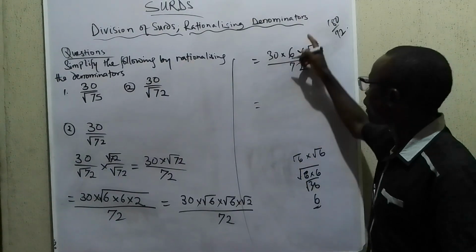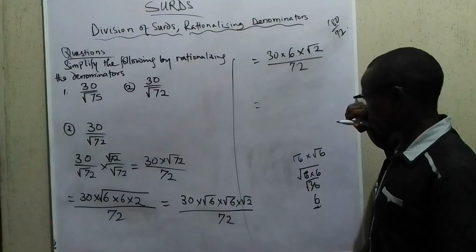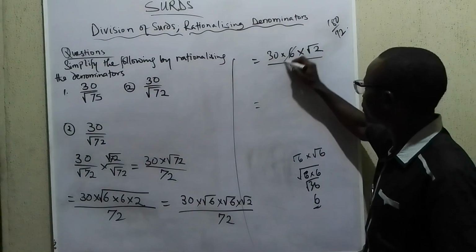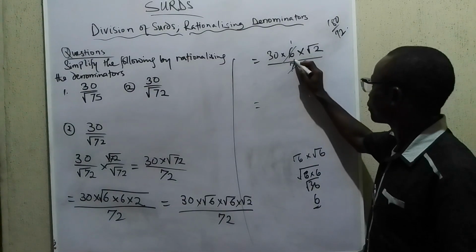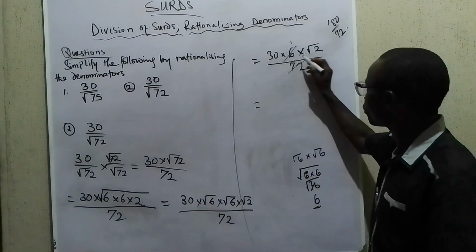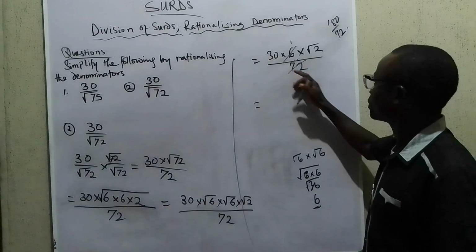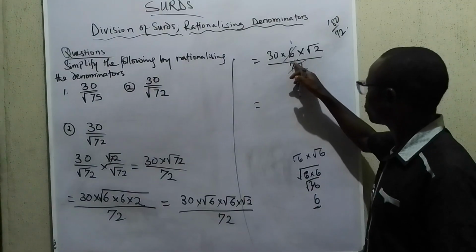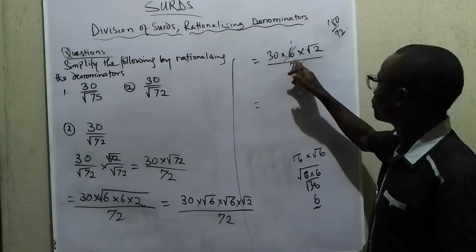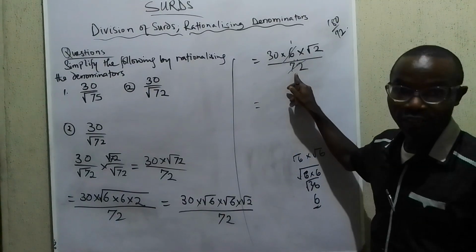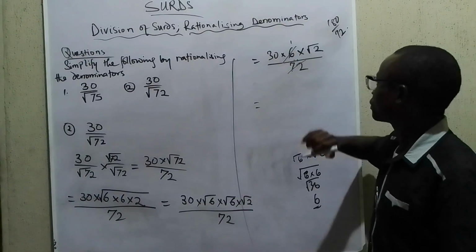So let's see how many 6 can go into this place. 6 here gives 1, 6 here gives 12, so 12 is gone.